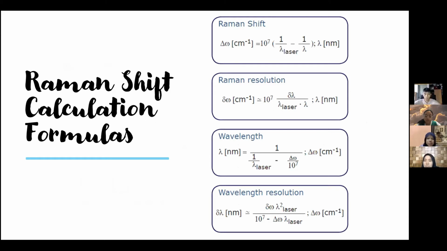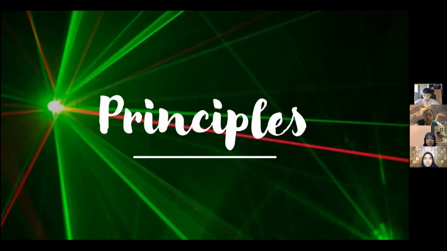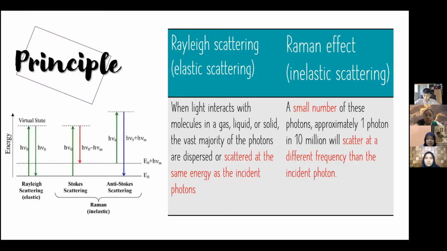So, moving on to the principle. The principle of Raman spectroscopy tells us there are two types of scattering of light, which are Rayleigh scattering and the Raman effect. Rayleigh scattering, also called elastic scattering, happens when light interacts with molecules in a gas, liquid, or solid.